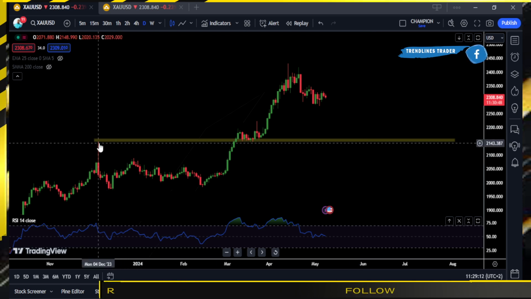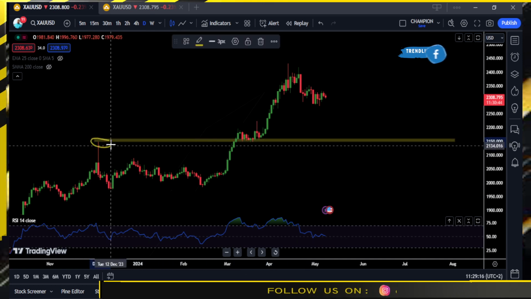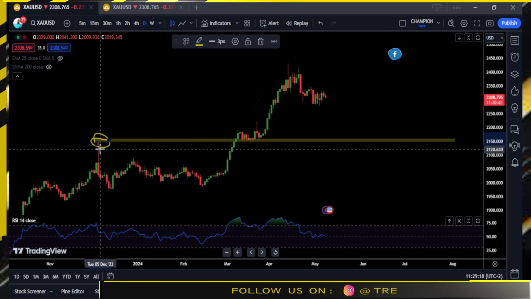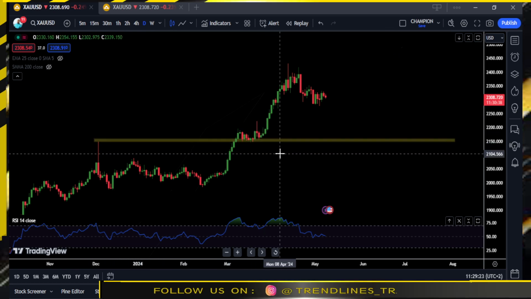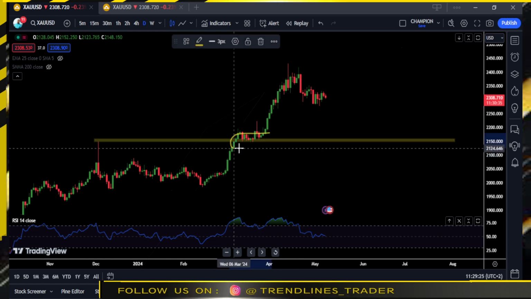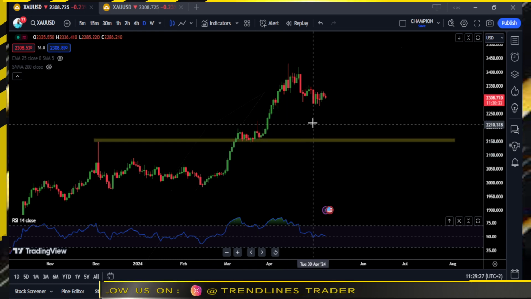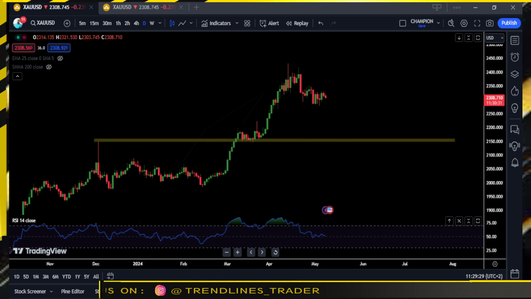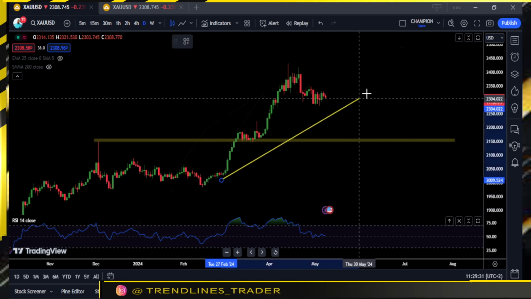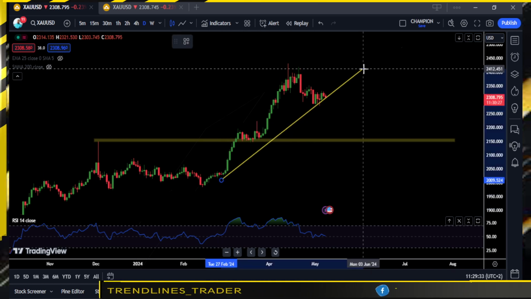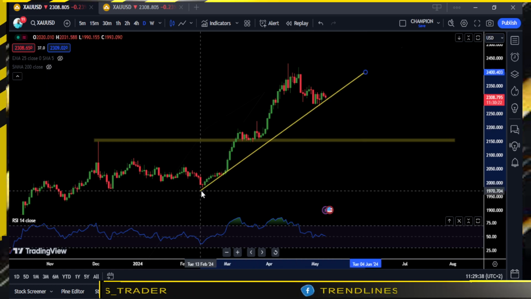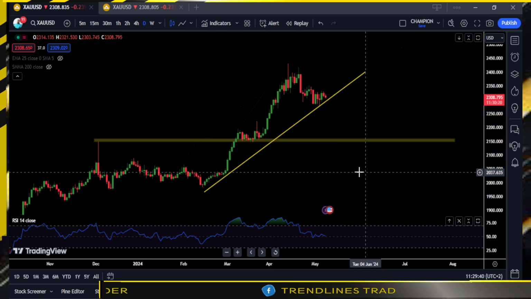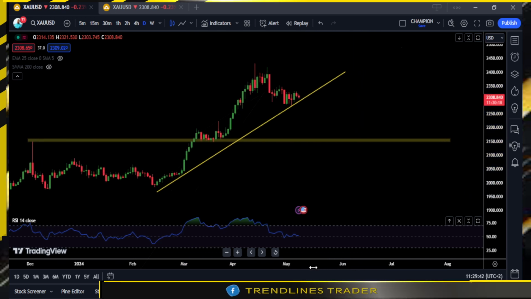This point here is our previous resistance, and this is our current support. If we join these points, we can say our price is on the bullish trend. You can see we are pushing towards the upside.